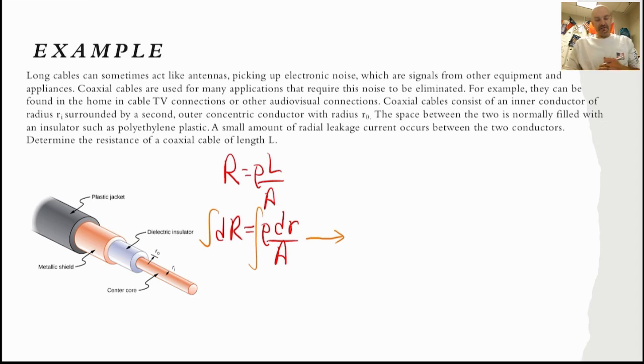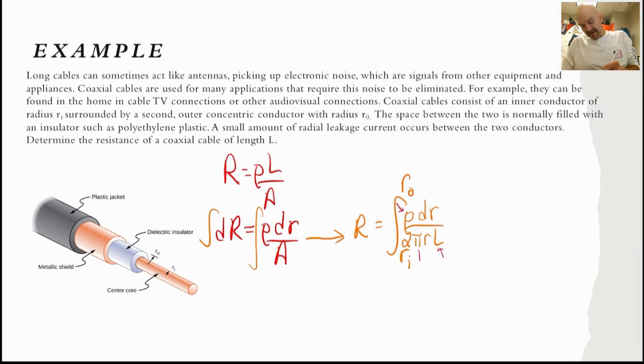Where were we? We were figuring out the resistance on the coax cable, writing this as an integral because it's going to vary. We have R from Ri to R0, where Ri is the center and R0 is where we're going out to, of rho dr over the cross-sectional area, which is a cylinder along the central axis, not the end caps.